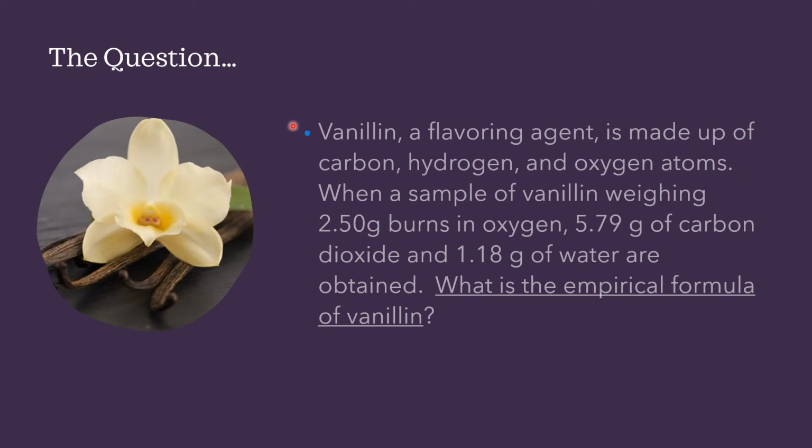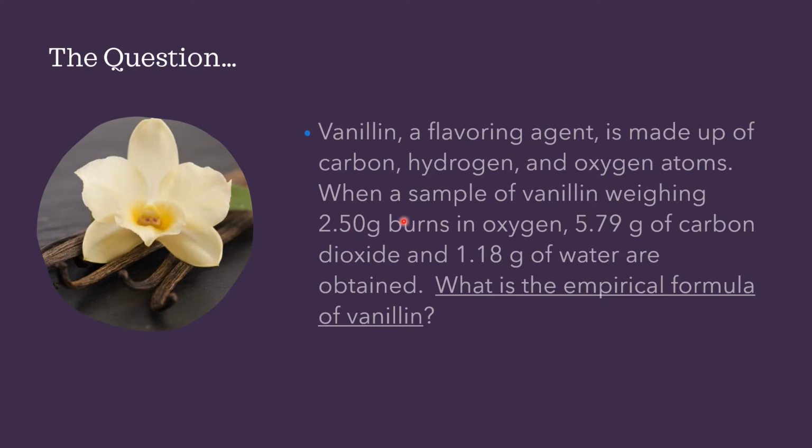We're going to tackle a problem head-on, kind of a fun one, I think, because it involves vanillin, which is a lovely compound. It is a flavoring agent, as I'm sure you know. It has a really pleasant smell, and it just so happens it's made up of carbon, hydrogen, and oxygen, so perfect for our combustion analysis problem.